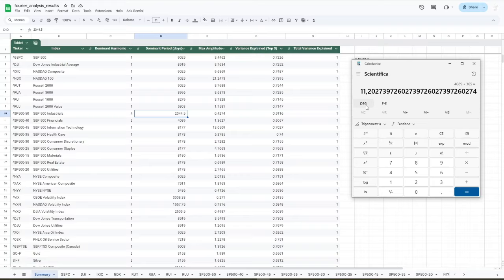So we are talking about long decades. If we take the S&P 500, 9,025 days, and divide it by 252 business days, it's 35.8 years of dominant period. That's why the long-term horizon is very long, it's a generation.